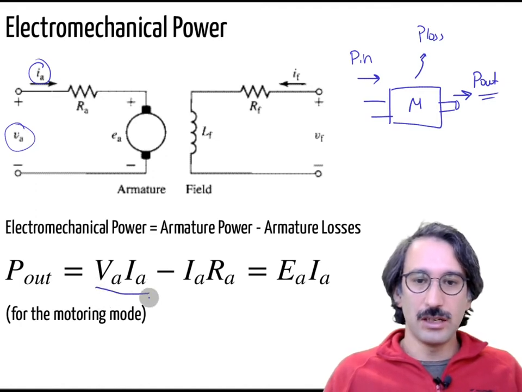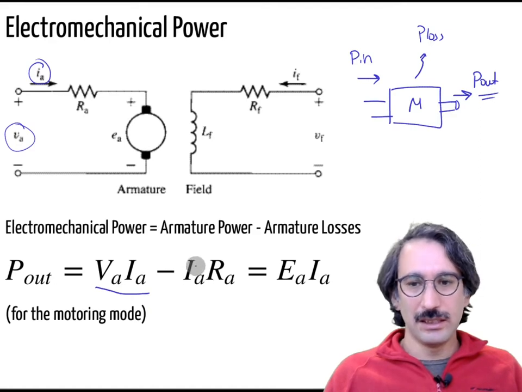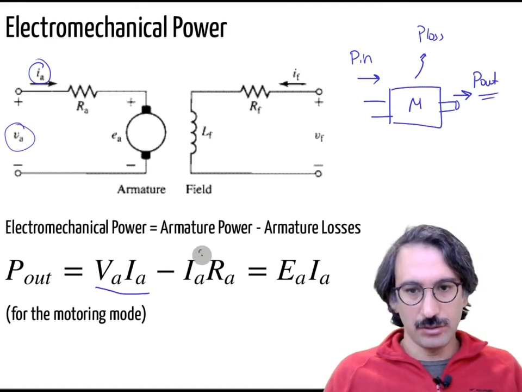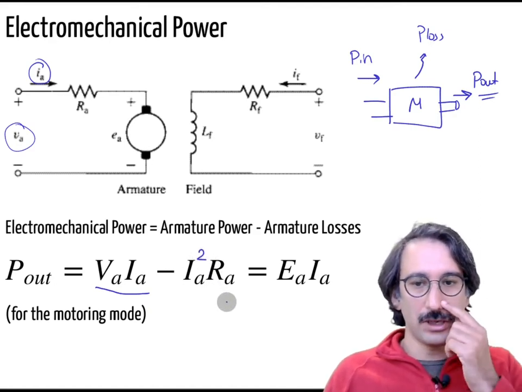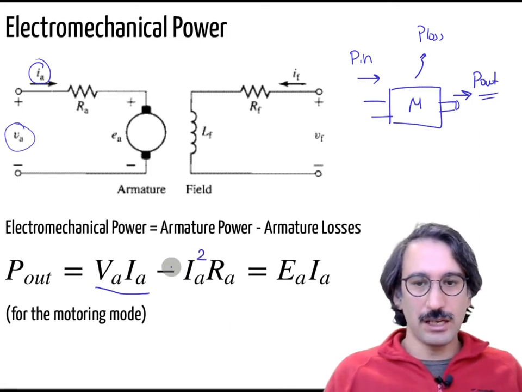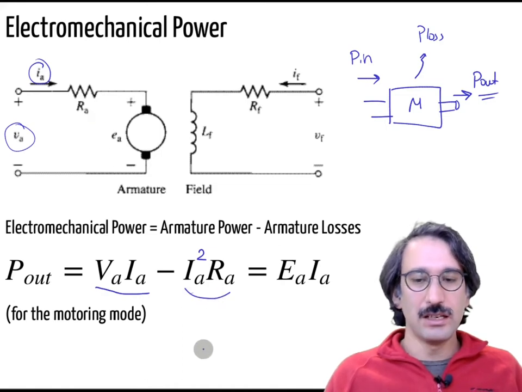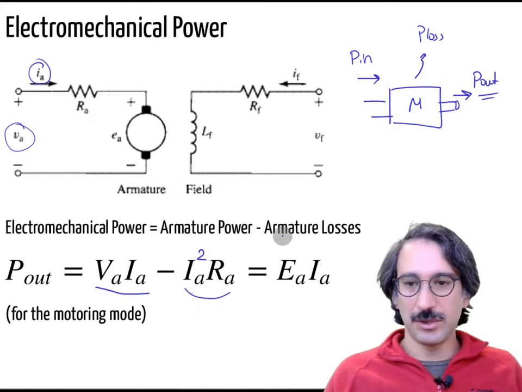So that is our input power. Then we have the, I think I have written it wrong, so there needs to be a square here. Then you can have the losses for the armature, and it is written like that. I will fix it in the presentation.